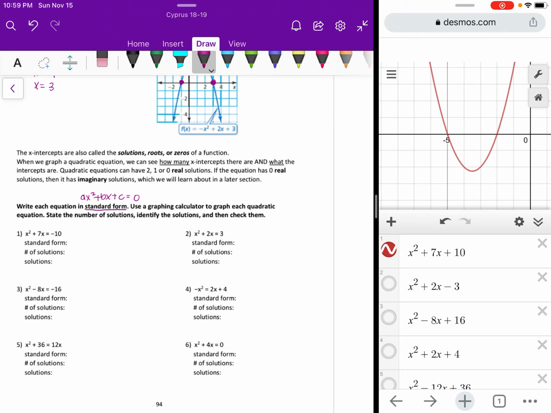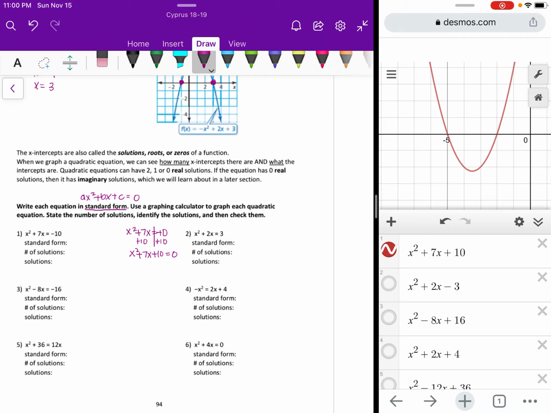So the first one, x squared plus 7x equals -10, is not in standard form. But I can make it into standard form by moving that -10 to the other side. So I'm going to add 10 to both sides here. We end up with x squared plus 7x plus 10 equals 0.